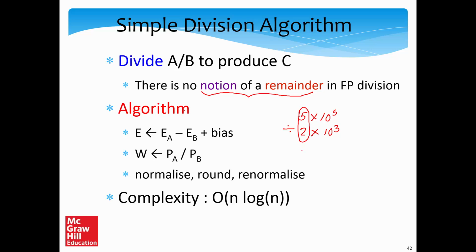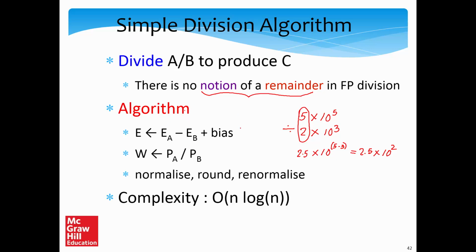So 5 divided by 2 is 2.5. Then we compute the new exponent, which is 10 to the power 5 minus 3. In multiplication, we add the exponents; in division, we subtract the exponents. So what we get is 2.5 times 10 to the power 2. This is exactly what we need to do in division: subtract the exponents and divide the significands. After that, the rest of the steps will be the same.